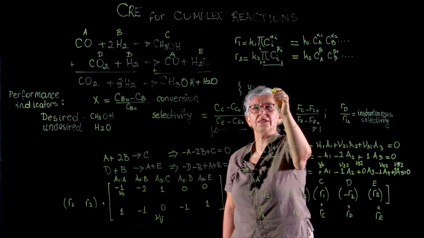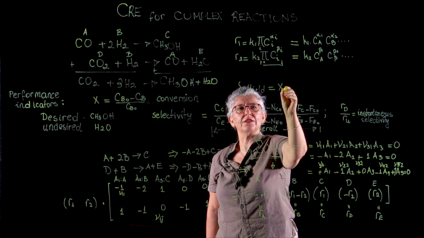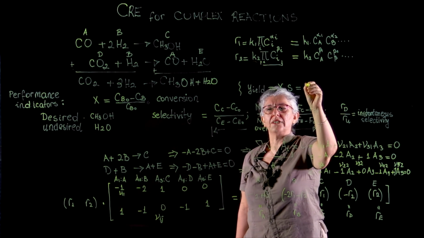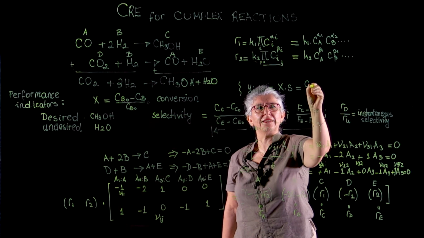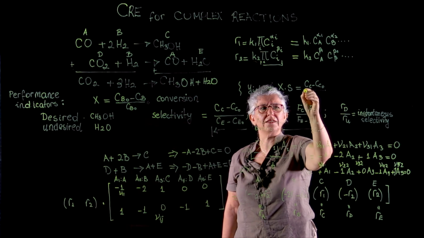So in mathematical form, it's conversion times the selectivity, or it is the desired product C minus C0 divided by CA0 minus CA.